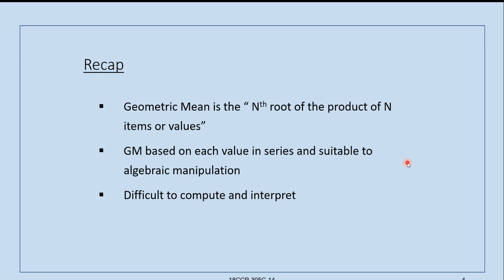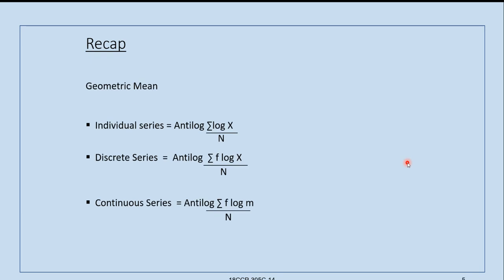So at this point of time, we will not find it difficult to compute and interpret the geometric mean result. We have seen the definitions of geometric mean: for an individual series, it is antilog of sigma log x by n.